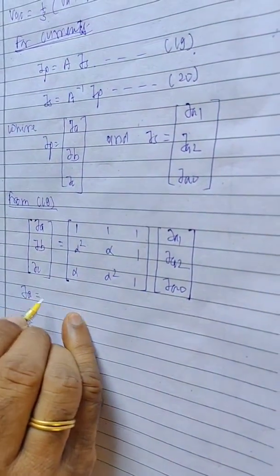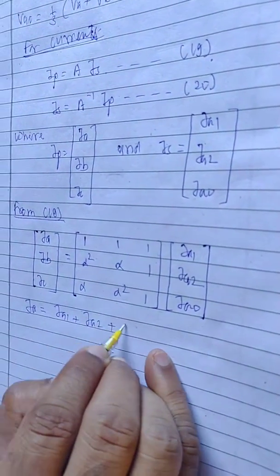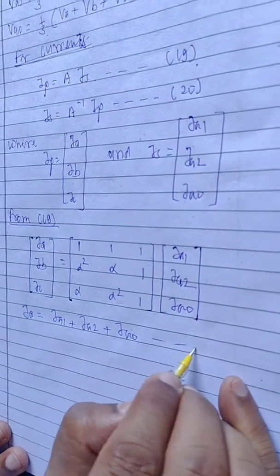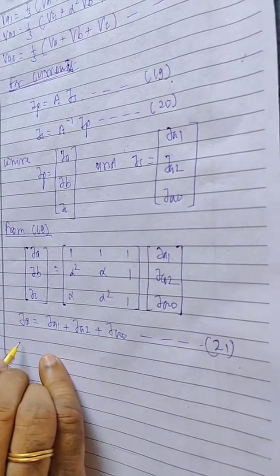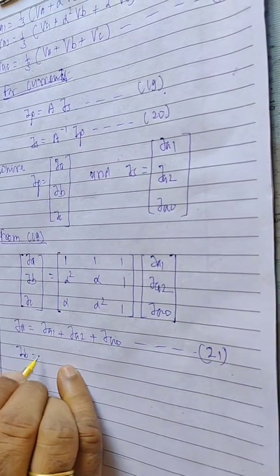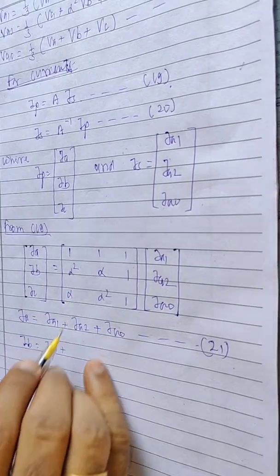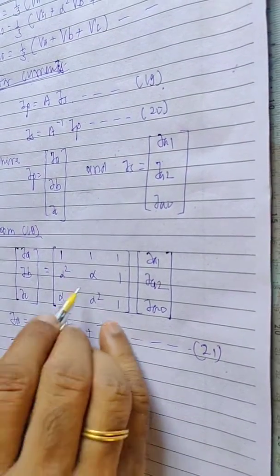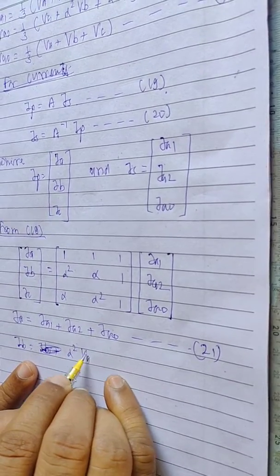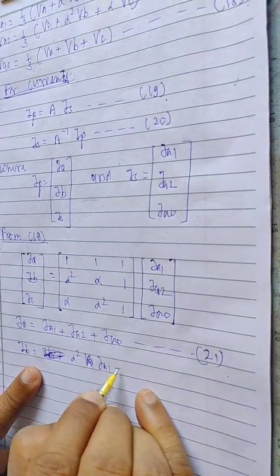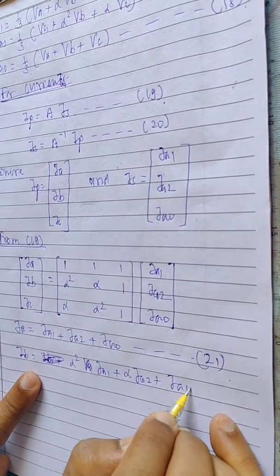Therefore IA is equal to IA1 plus IA2 plus IA0, equation 21. Similarly for current IB, this is equal to alpha square IA1 plus alpha IA2 plus IA0.